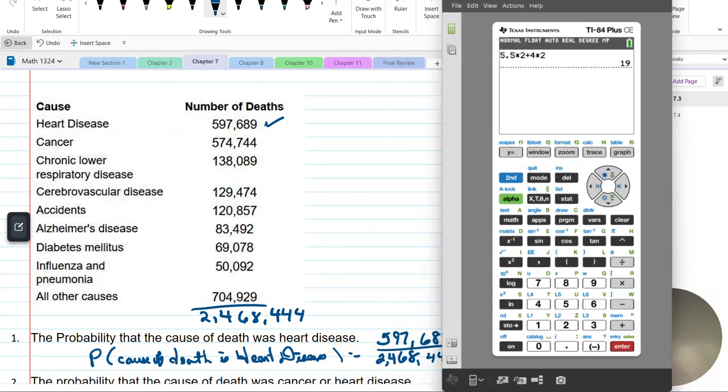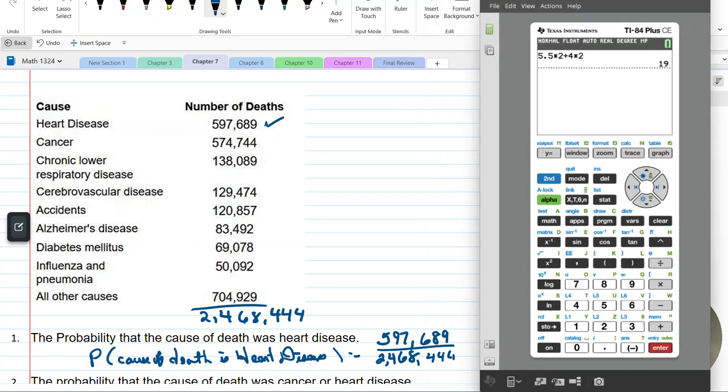Get my calculator. So I'm going to put in the 597,689 divided by 2,468,444. Enter. And then I'm going to go math frac.